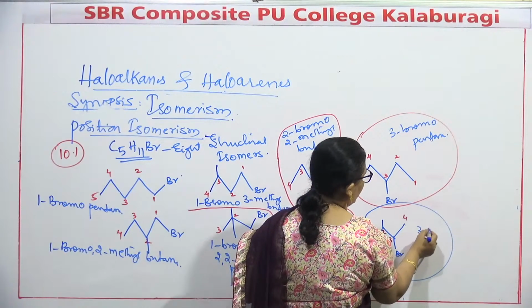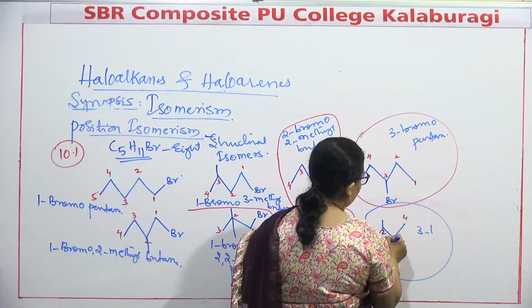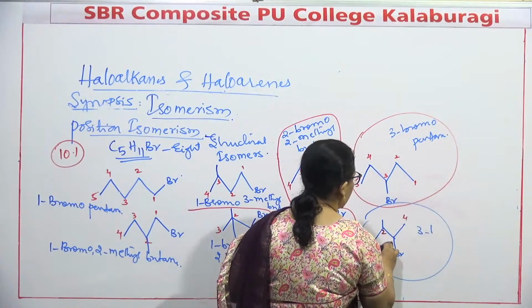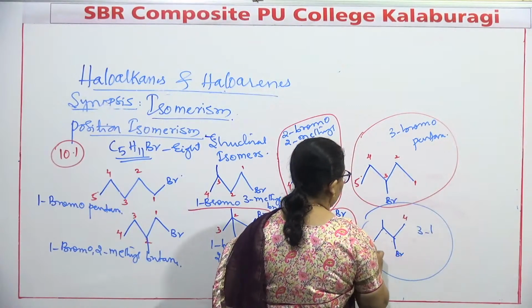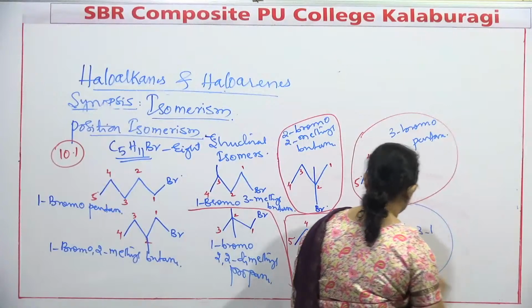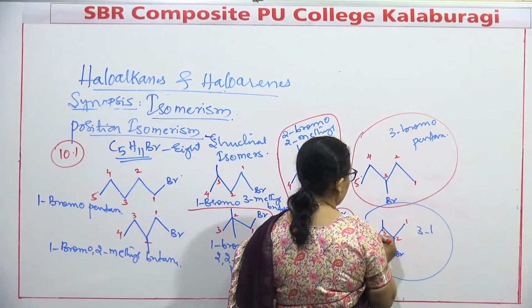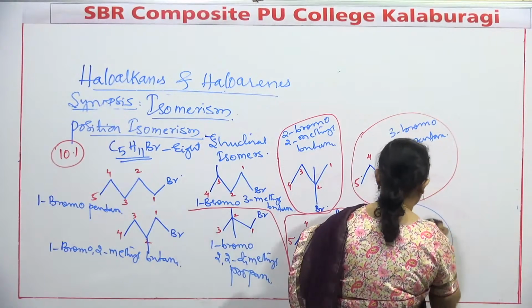Correct? 3-bromo. The carbon containing the halide must get the lowest number. Correct? 1, 2, 3, 4. I think this name is repeated.